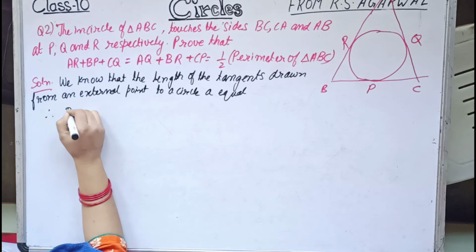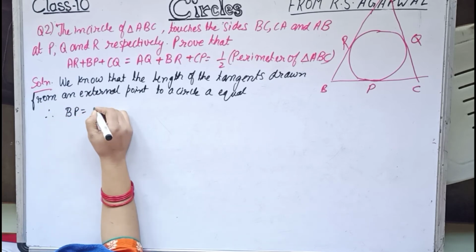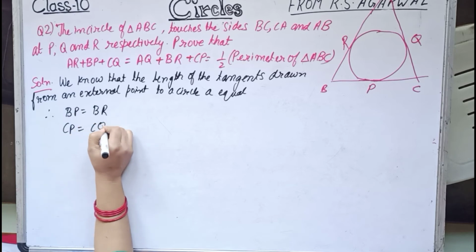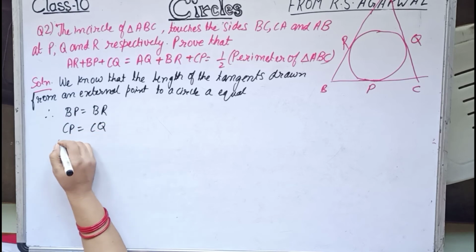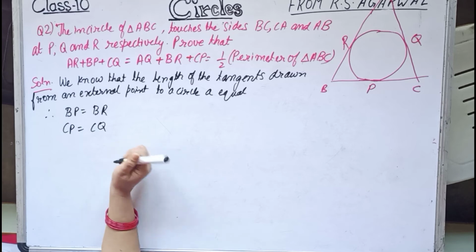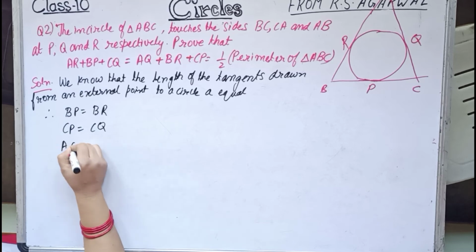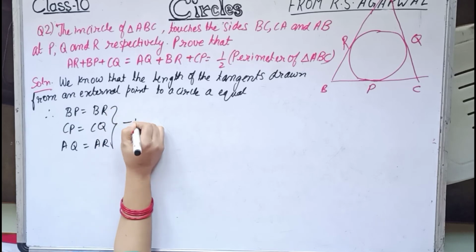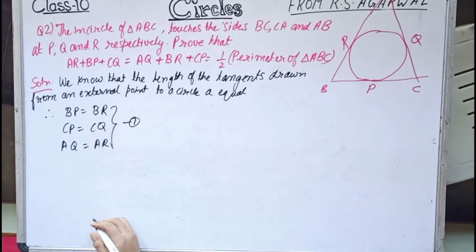Therefore BP equals BR, CP equals CQ, and AQ equals AR. Let us make it equation number 1.